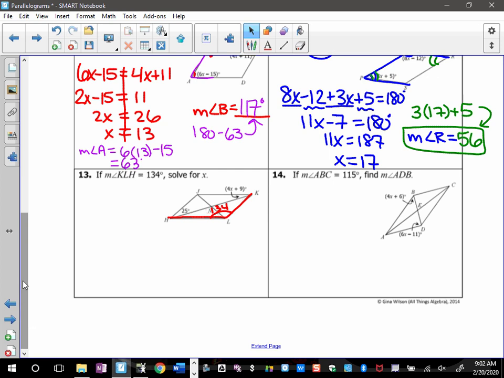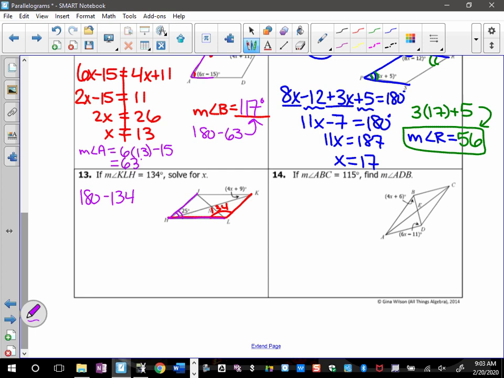I know that that angle and this angle should add to 180. So I do 180 minus 134, and I will get 46. Minus the 25 that's already there, and I get 21. So this here is 21.